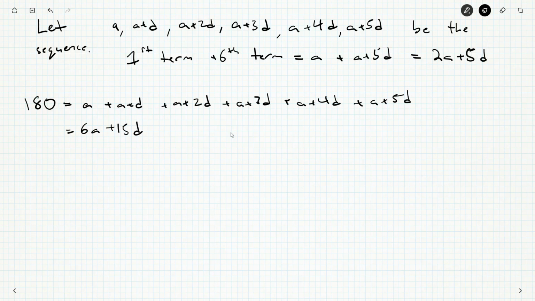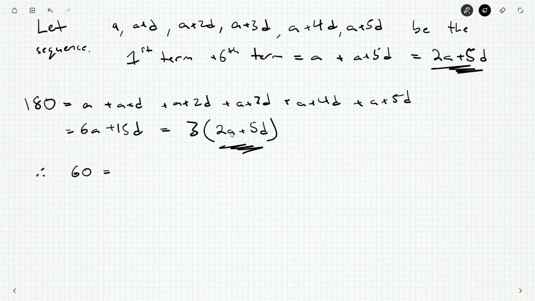Well, how can I relate this? I've got one equation and 2 unknowns. I can't solve for A and D. But I can see that this is 3 times 2A plus 5D. Aha! This is exactly what I want to calculate.